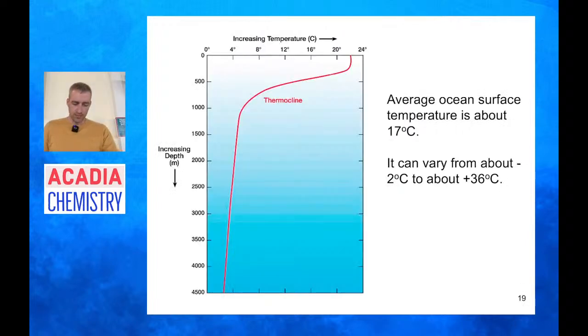So yeah, the average temperature is 17 degrees. It can vary anywhere from about +2 to +36 degrees Celsius. Probably it'd be closer to the +2 end if you went out and went for a swim right now in the Atlantic, you know, off of Wolfville there.